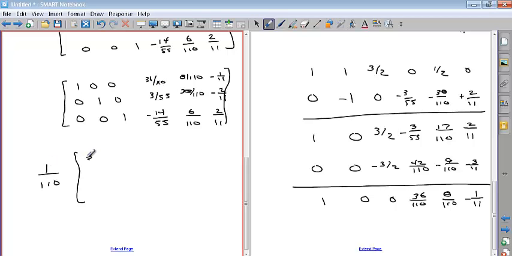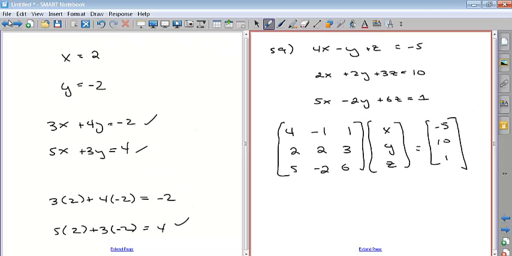So you've got 36, 8, minus 10, multiply by 10 to get 110ths. 6, 38, negative 20, minus 28, 6, 20. So that's my inverse matrix, and we're just going to check it using the calculator because it's so much easier.